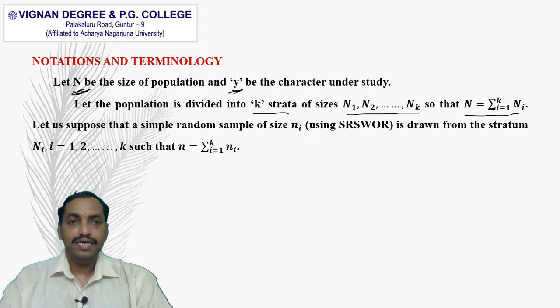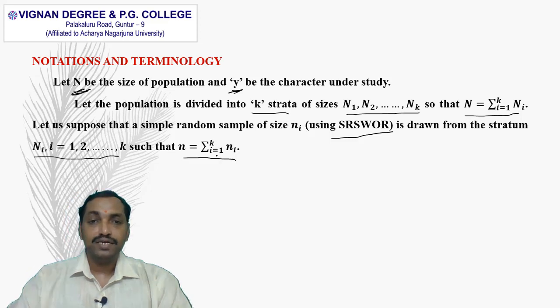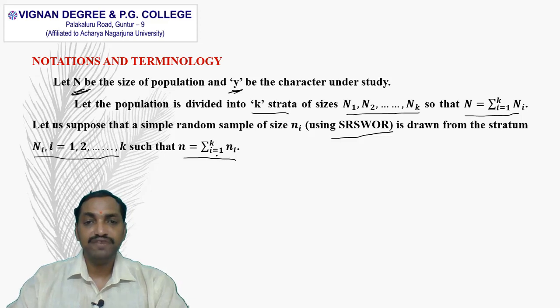Let us suppose that a simple random sample of size small ni, using simple random sampling without replacement, is drawn from the stratum of size capital Ni, where i is equal to 1 to k, such that small n is equal to the summation of ni, i equal to 1 to k, as we discussed in the previous slide.